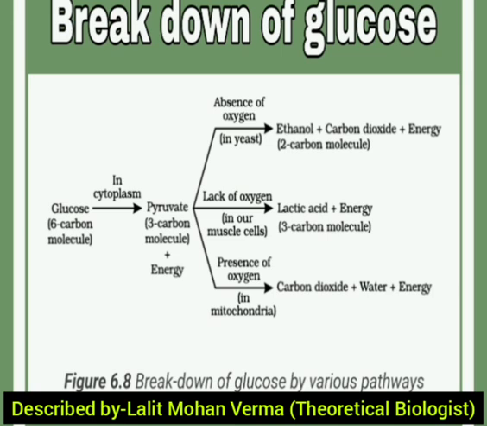And then there are 3 conditions: absence of oxygen, lack of oxygen, and presence of oxygen. Absence of oxygen, example yeast; lack of oxygen, example muscle cell; and presence of oxygen in mitochondria. In first category, less energy; second category, less energy; and last category, a lot of energy, that is 38 ATP form.